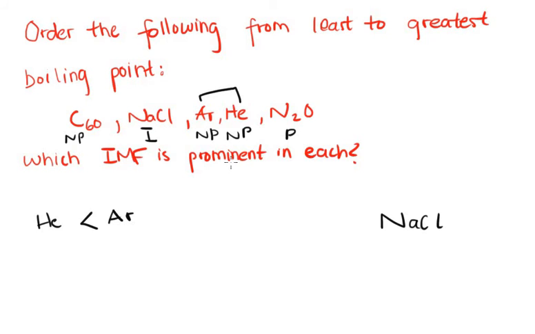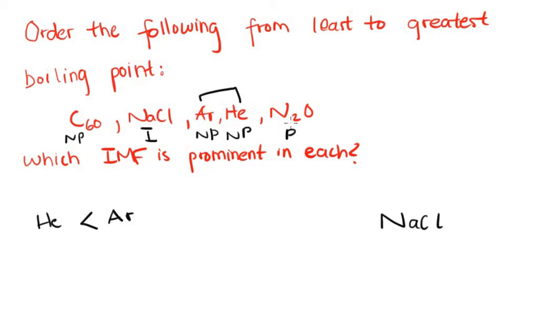So dinitrogen monoxide and C60 are left. Now C60 is nonpolar for sure, and so we'd expect C60 to be before dinitrogen monoxide, because that's what I said, right? But the really tricky part of this problem is C60 has a molar mass of 720 grams. That's a huge amount of intermolecular forces right there, just because it has such a huge molar mass compared to the rest.